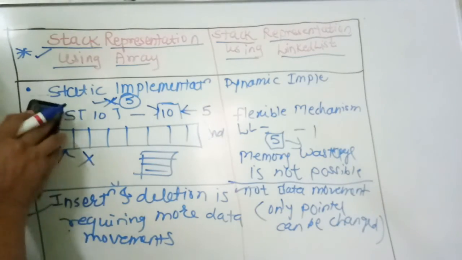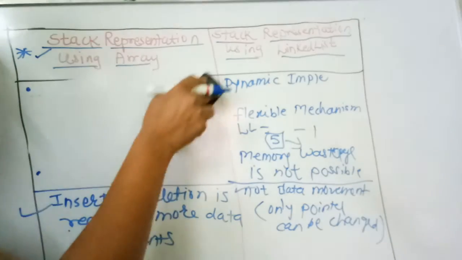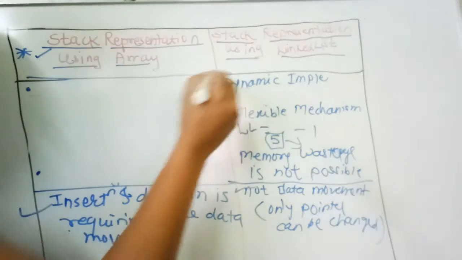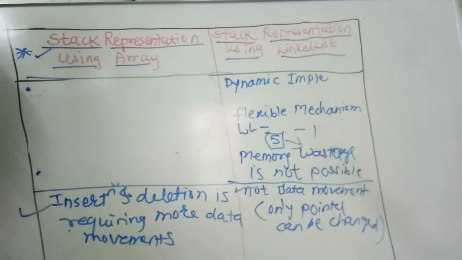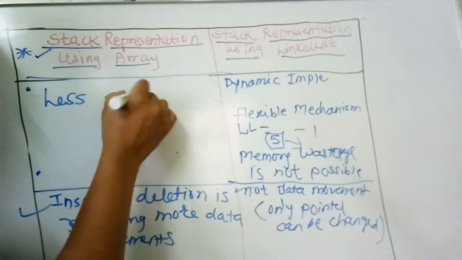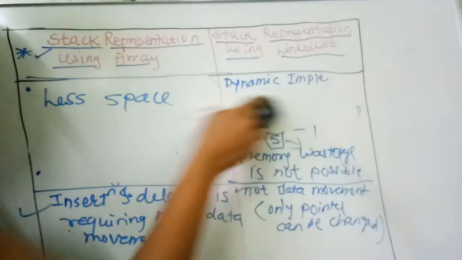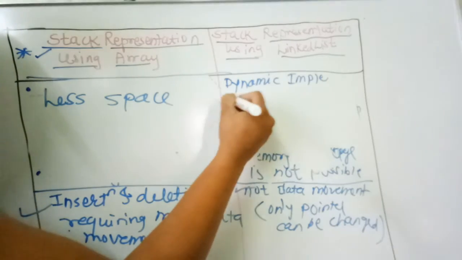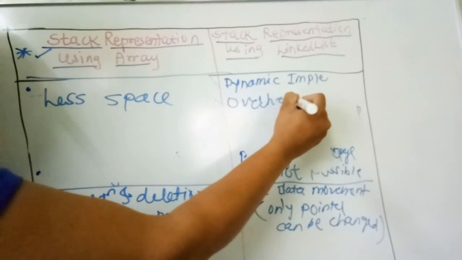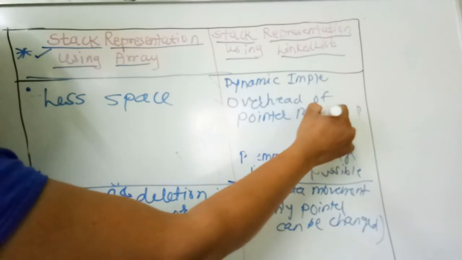The next comparison is based on the space required. The array representation of the stack requires less space, because in the dynamic implementation there is the overhead of pointer maintenance.